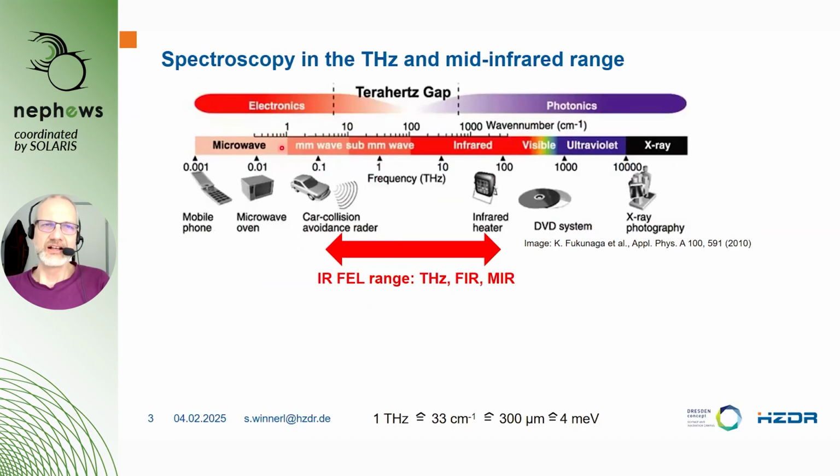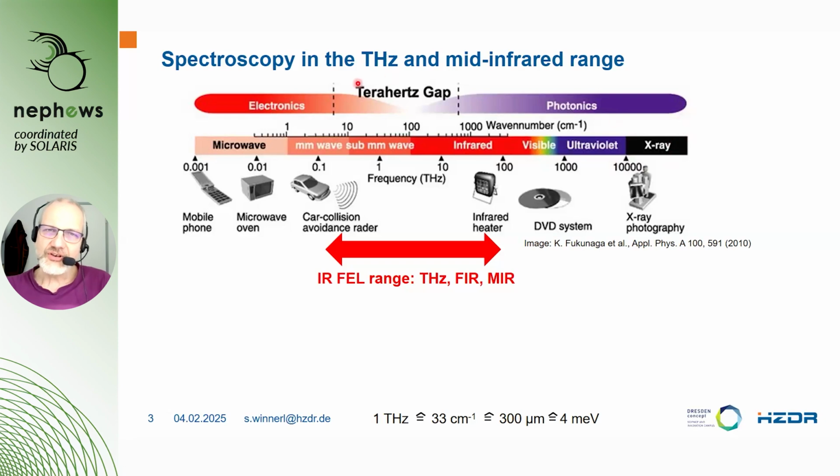All right. So here you can see the full electromagnetic spectrum, starting from microwaves at very low photon energies and going up to X-rays, where many of the presentations with free electron lasers, a lot is done in this region.